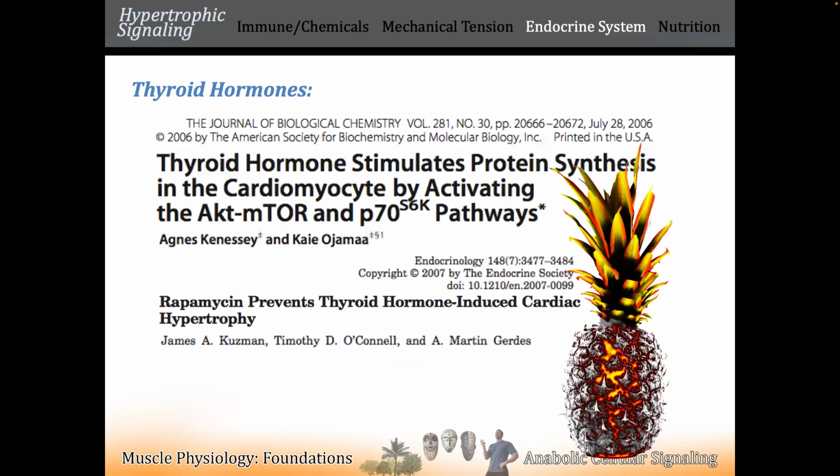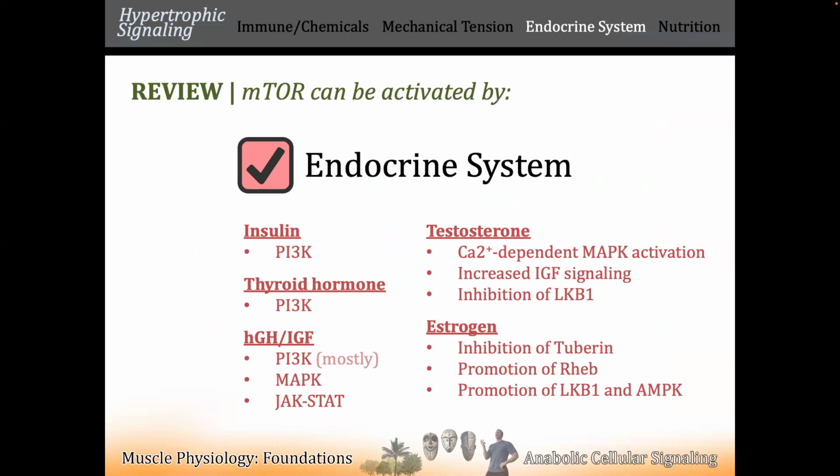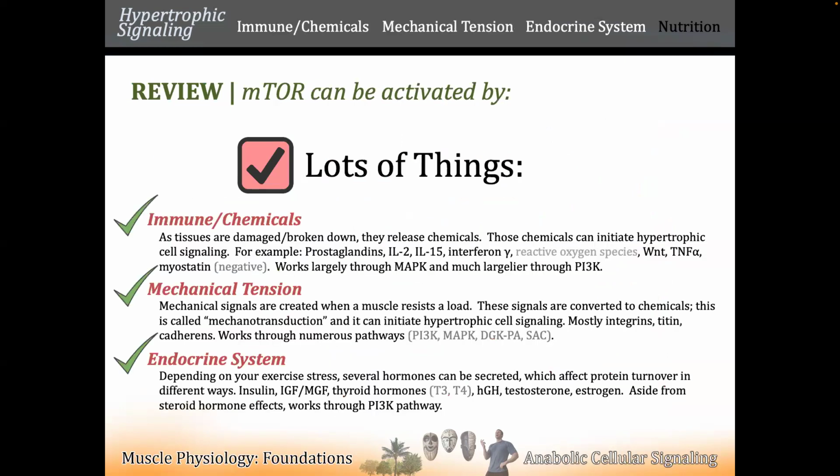These also stimulate PI3K, which is also abolished with the administration of either rapamycin or wortmannin. Okay, summary of the effects of these hormones, ignoring the genomic effects of testosterone and estrogen, just looking at the list of signaling pathways that these hormones go through to promote protein synthesis.